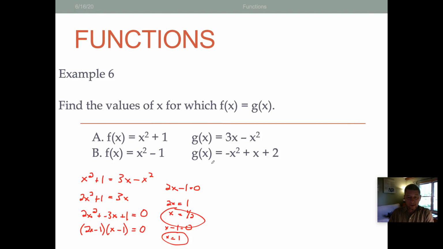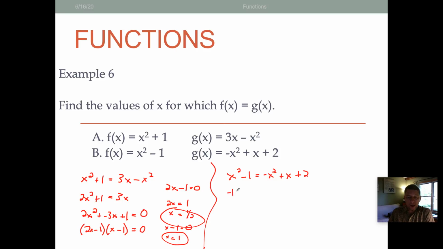Now, let's try the second one here. x squared minus 1 equals negative x squared plus x plus 2. In this particular case, I'm going to subtract x squared from both sides.